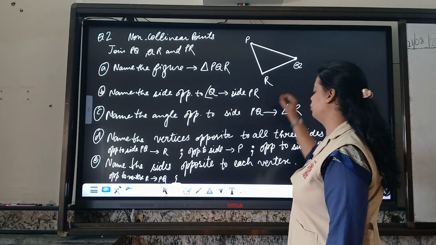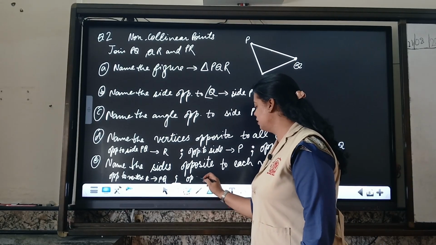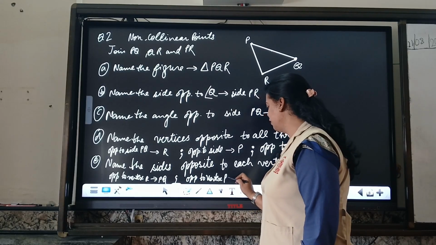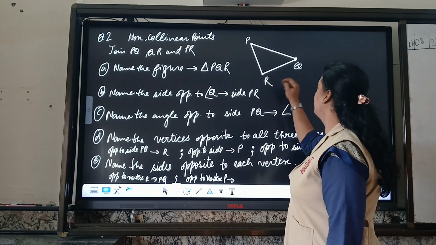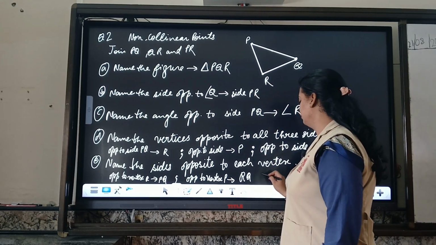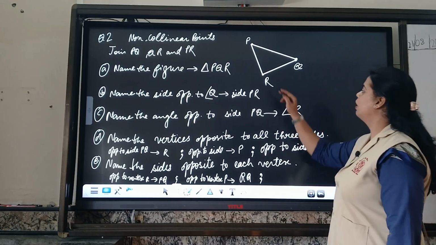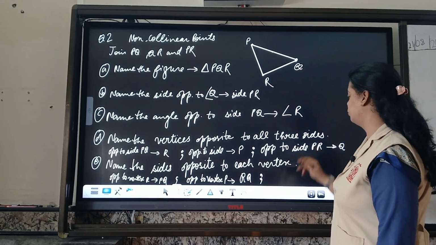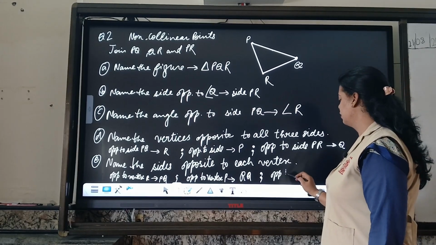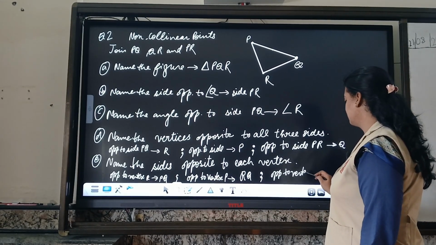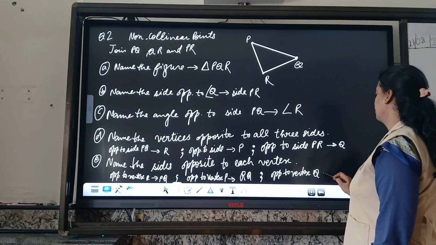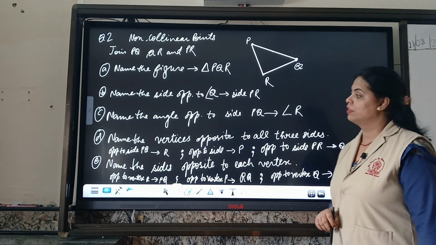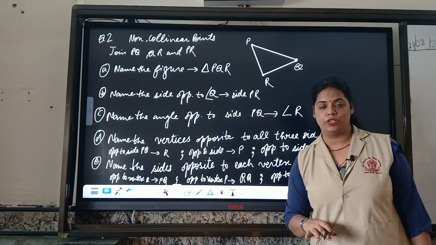It is RQ. Now R we have taken, P we have taken, the rest is Q. Opposite to vertex Q, we have PR. So hence we have done all parts of question number 2.